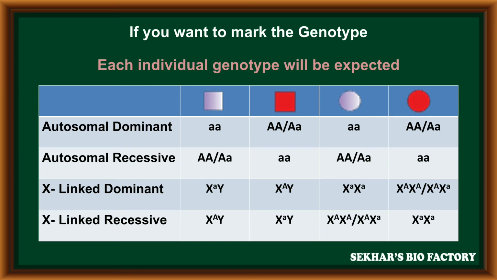So these are the expected genotypes in unaffected male and affected male, unaffected female and affected female.